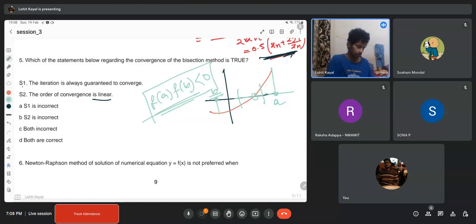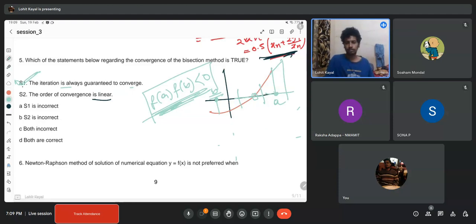So S1 is correct. The iteration is always guaranteed to converge only if you choose the two initial points correctly. If your function never crosses the 0 point, then you will not be able to find anything. So if this condition is satisfied, the iteration is guaranteed to converge.